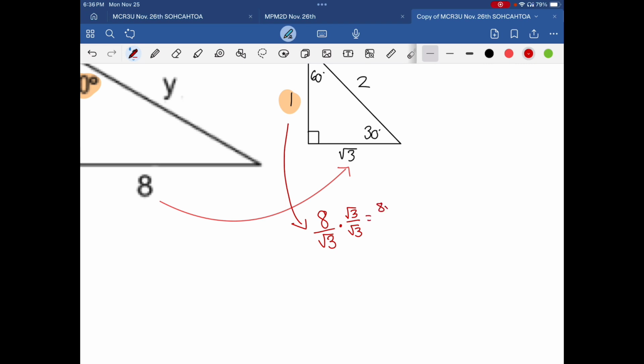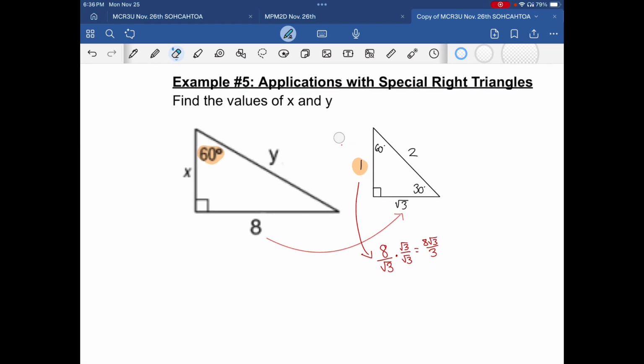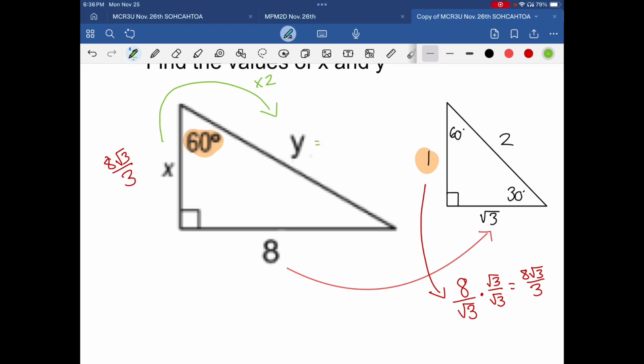This gives me 8 root 3 over 3, which will be the value of my x. Once I found my x, all I have to do is multiply by 2. So my y value is simply 16 root 3 over 3.